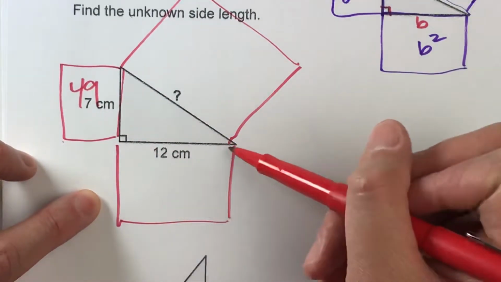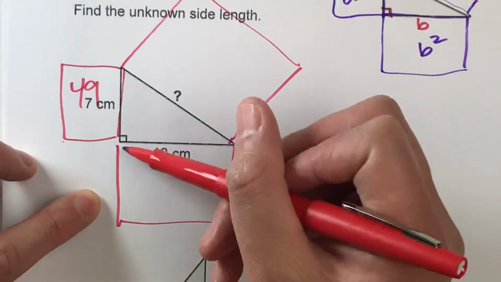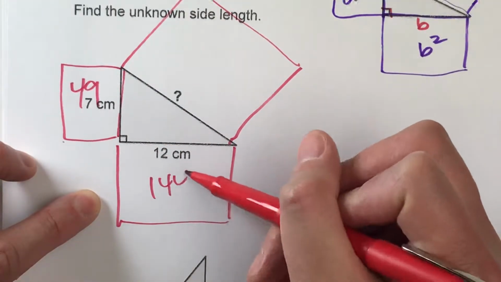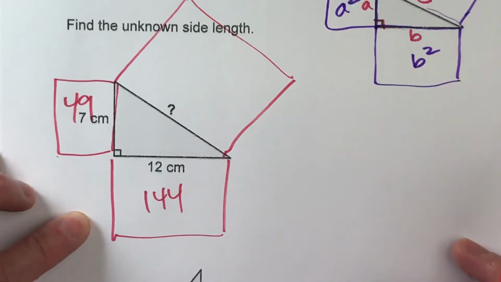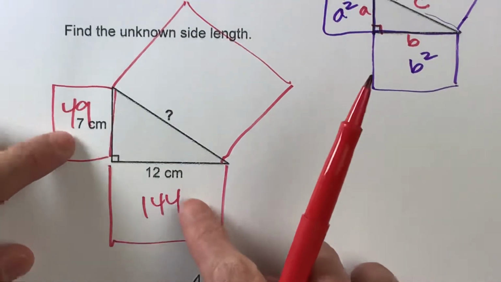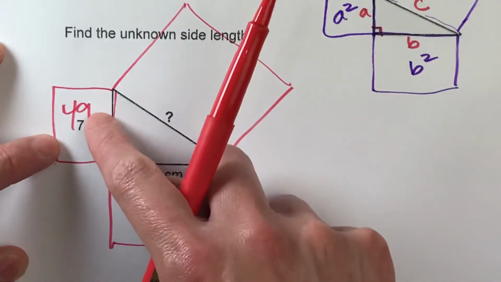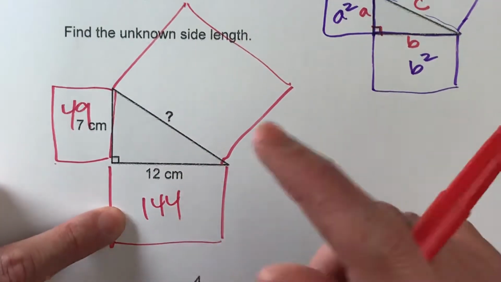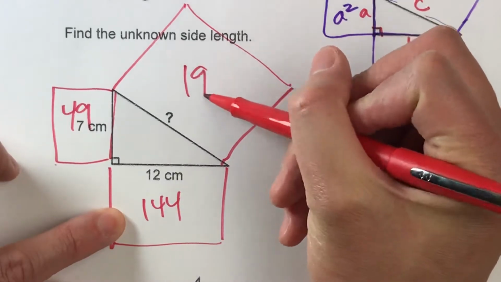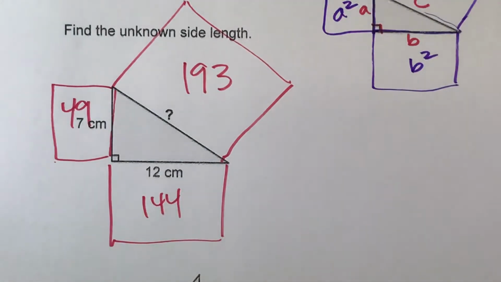If each side of this square is 12, the area is 12 times 12, which is 144. The Pythagorean theorem says the areas of the two small squares add up to the big square. So 49 plus 144 is 193, so the area of this square is 193 centimeters squared.